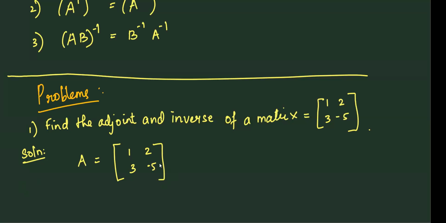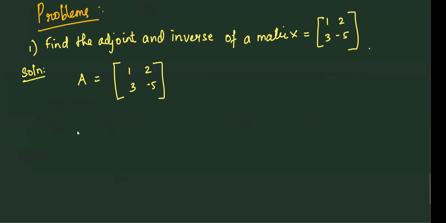First write its cofactors. Cofactors of A. 1 replaced by its cofactor: remove row, remove column, you have minus 5.